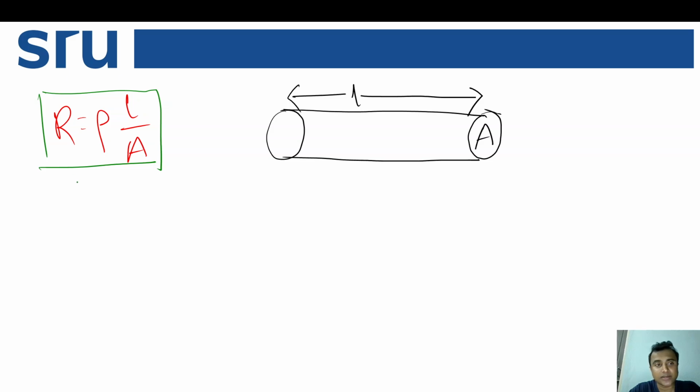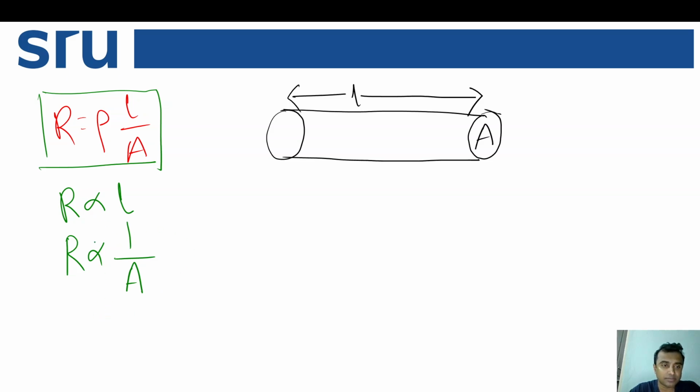Also we have seen why this came. R is dependent upon the length. It increases with length. When you keep on increasing the length, it increases, and R is inversely proportional to the cross-sectional area. If you increase the cross-sectional area, the resistance decreases.